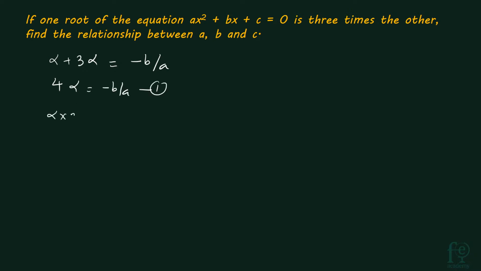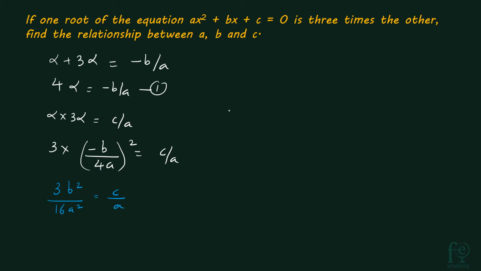Then alpha into 3 alpha is equal to c by a, or we can say 3 alpha square, which is equal to minus b by 4a, the whole square, is equal to c by a. So which gives us 3b square by 16a square is equal to c by a, or we can say that 3b square is equal to 16ac.